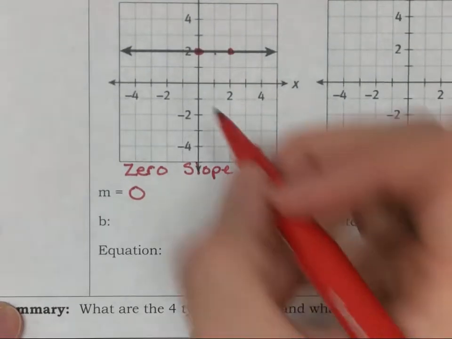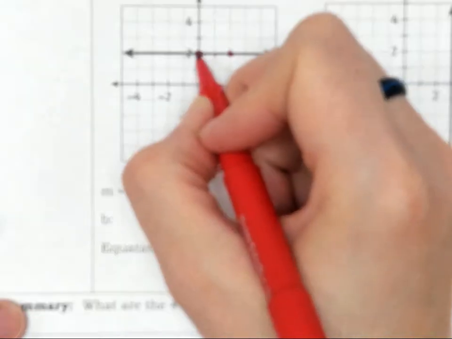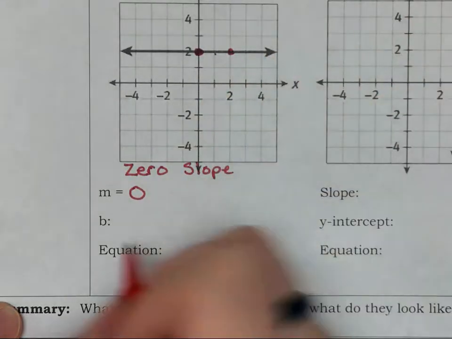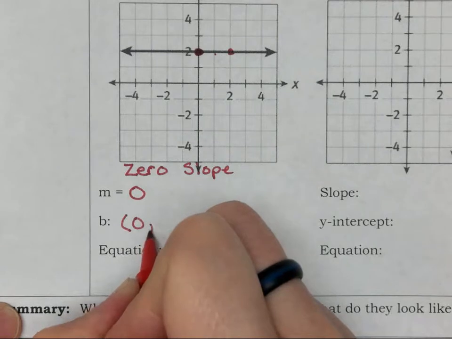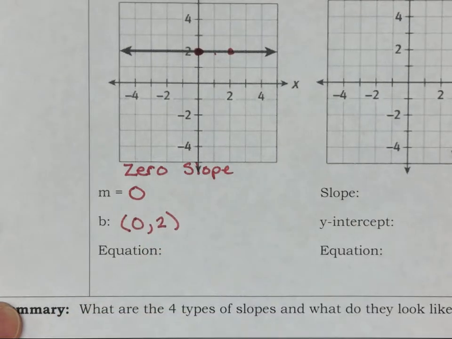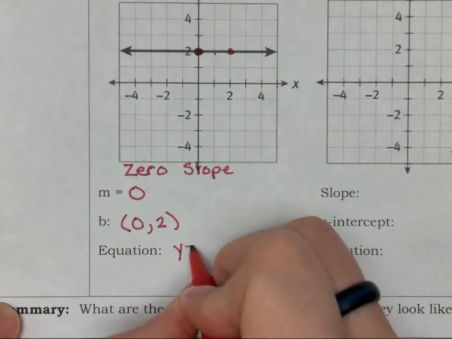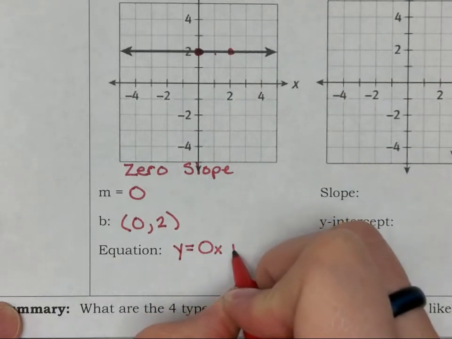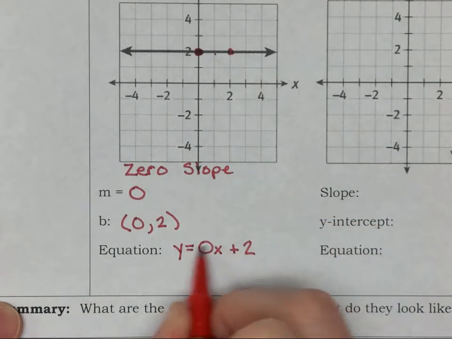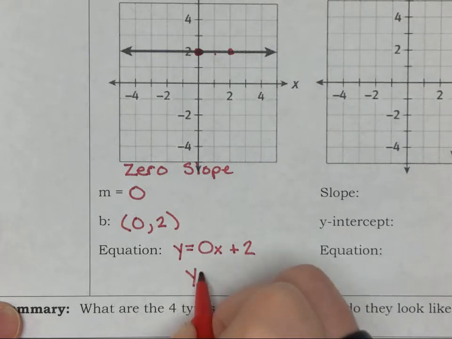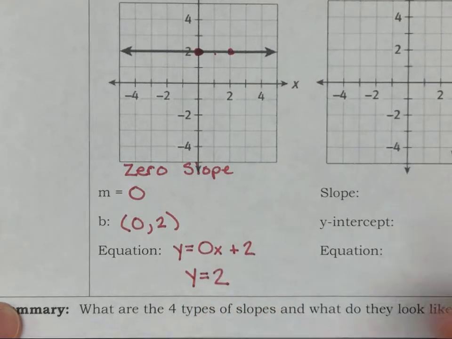My y-intercept, where does it cross the y-axis? Is right here at 2, but the ordered pair is 0, 2. And then when I talk about my equation, y equals 0x plus 2, but we never write 0x, so we would just say y equals 2.